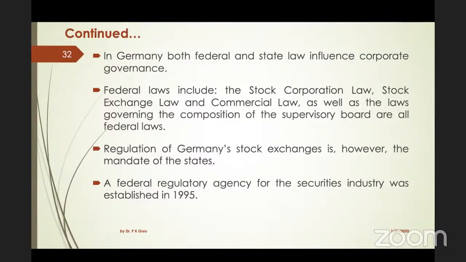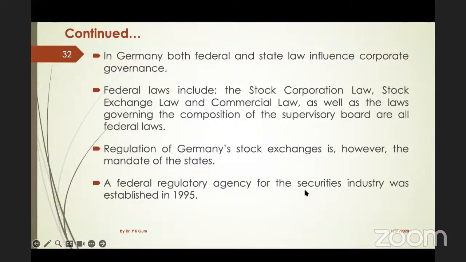Federal laws are the stock corporation law, stock exchange law, and commercial law, as well as the laws governing the composition of the supervisory board, which we have read in the previous slide. Regulation of the German stock exchange is, however, the mandate of the states. So stock exchanges are under state law. Every state has its own law for managing the stock exchange. So that is how corporate governance in Germany is influenced by both central and state law.